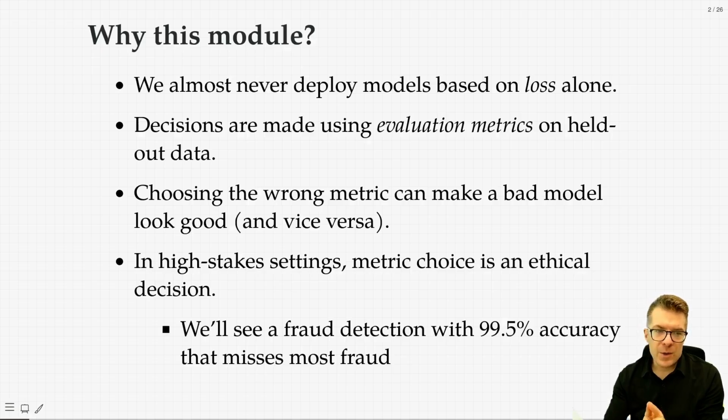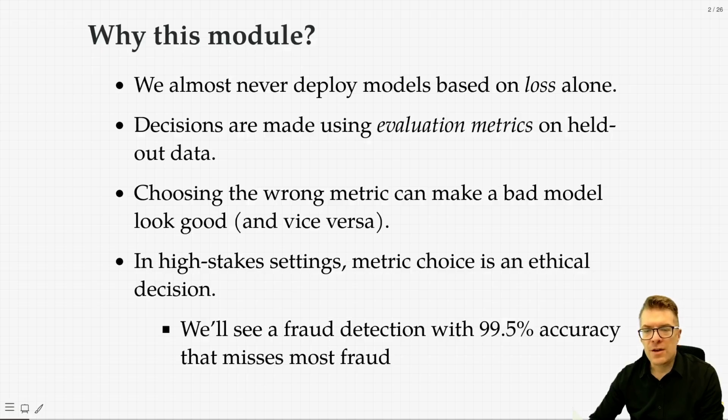So today we're going to talk a little bit about how choosing the wrong metric, or choosing the easy standard metric like accuracy, can occasionally make a bad model look good, and potentially vice versa. And we're going to wrap up by talking about this again, but it's important when we're deploying models in high-risk settings, high-stakes settings, or even in settings generally, that how we evaluate and talk about the performance of a model is correct and accurate.